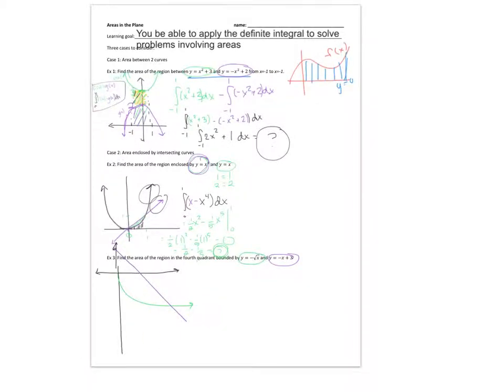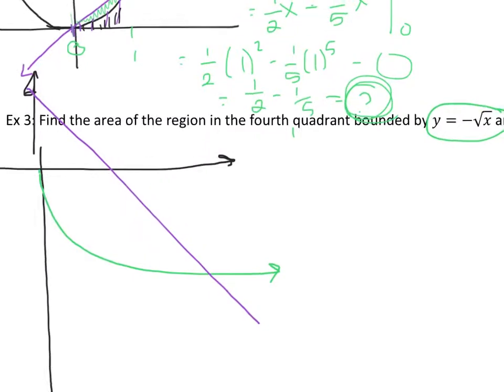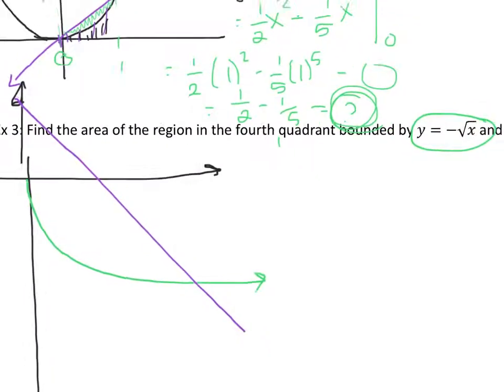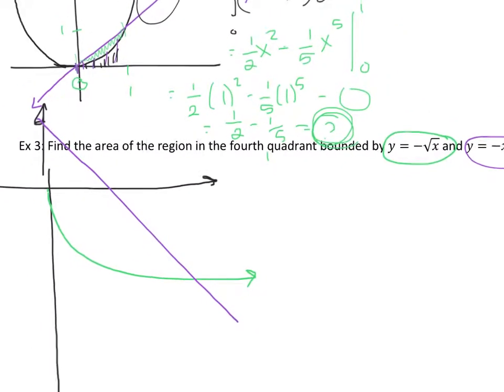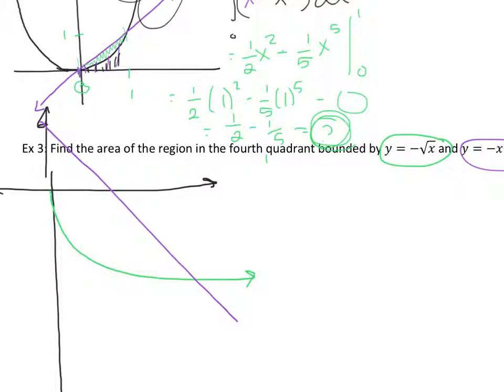So when you're doing problems like this, the easiest way to do it is to separate the two curves. Like this region right here is formed by different curves than this region here.